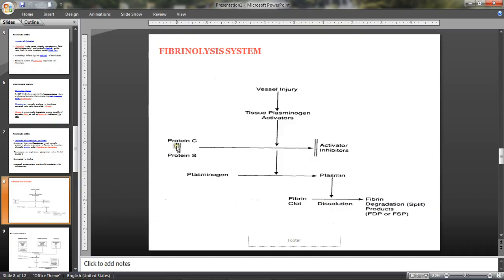Now the role of the protein C or S is that they are activated, and due to their activation, the activators are inhibited. So the activator inhibitors are inhibited, and hence the plasminogen is converted into the plasmin.